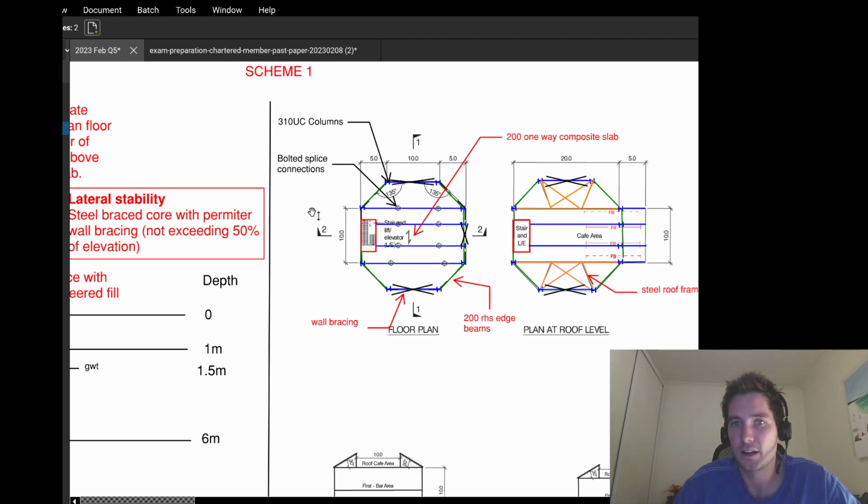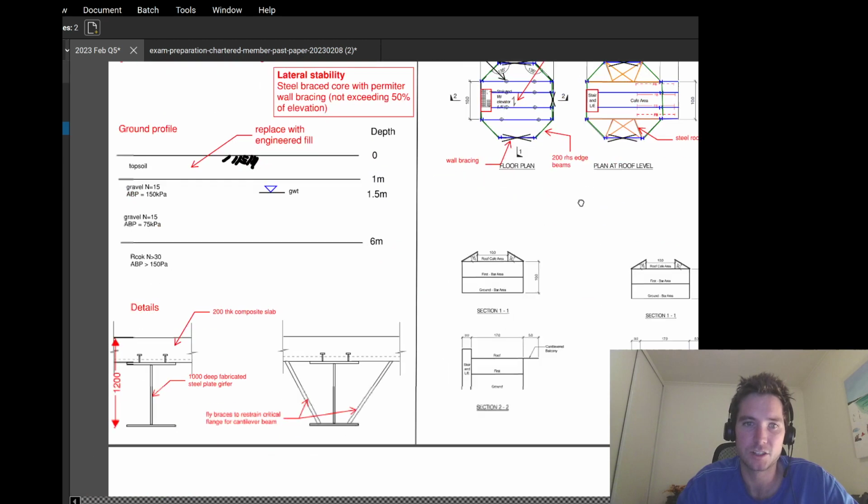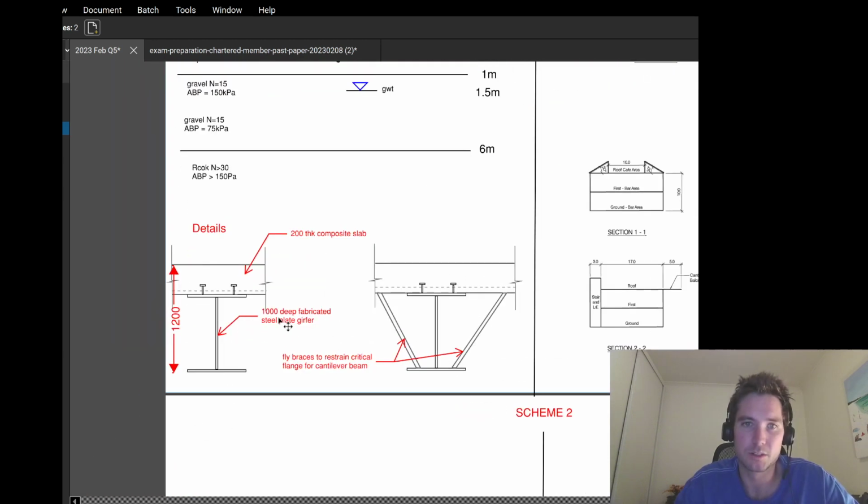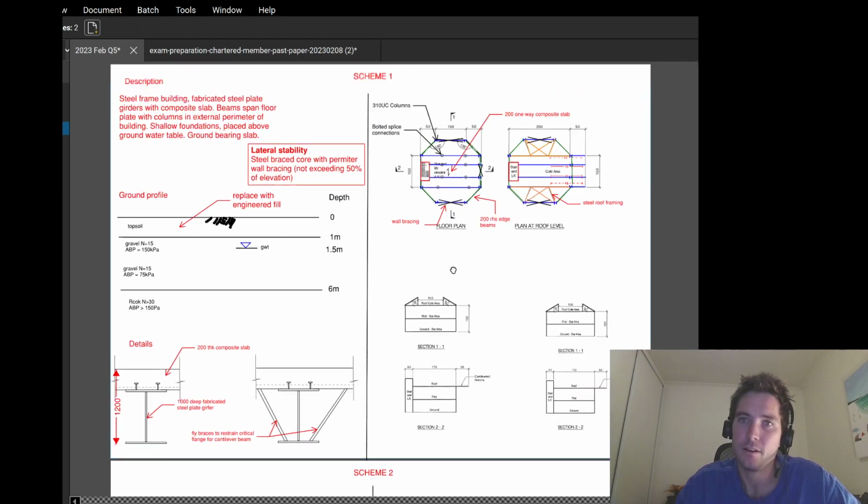So a composite beam can actually span 20 meters. It'll be quite large. So some rule of thumbs, I've got a 1 meter deep fabricated beam, and we know with a 200 thick composite slab. So we know that the max depth was 1500, so this is 1200, so that we're satisfying the client requirements there.